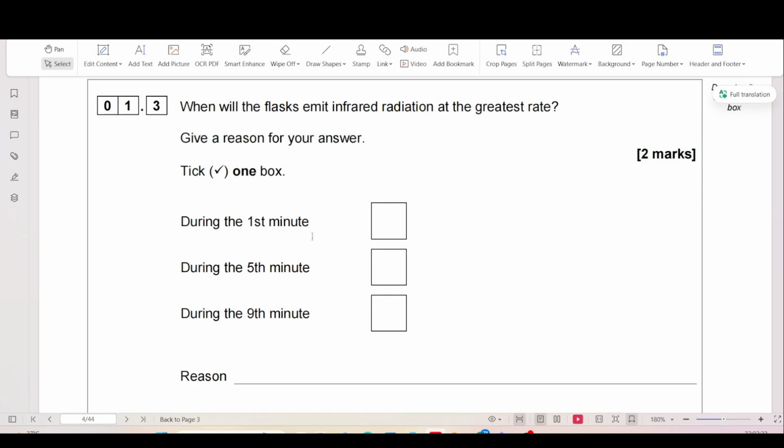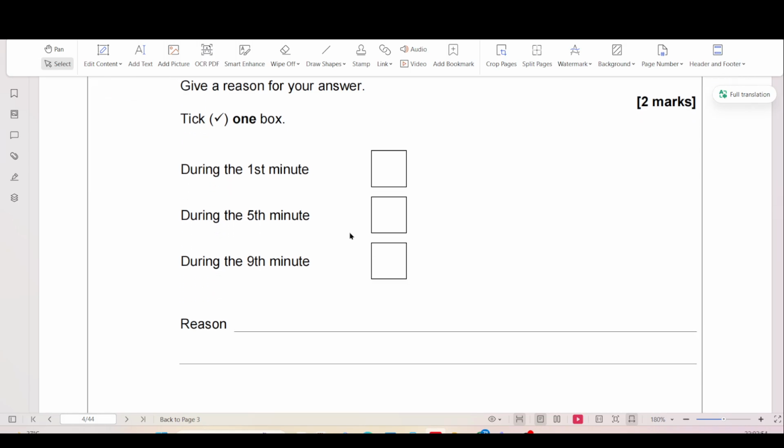Because there is the greatest temperature difference between the hot water and the surroundings. In the starting it is very hot and the surrounding is cold, so the heat will go from the hot place to the cold place, right? So during the first minute there will be the greatest temperature difference.